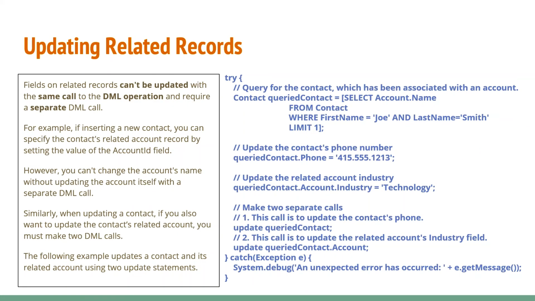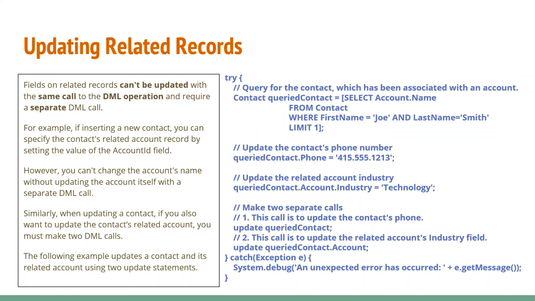Updating related records. The way you insert or create a related record, in the same manner we can update the records. Fields on related records can't be updated with the same call to the DML operation and require a separate DML call. For example, if inserting a new contact, you can specify the contact's related account record by setting the value of the account ID field.